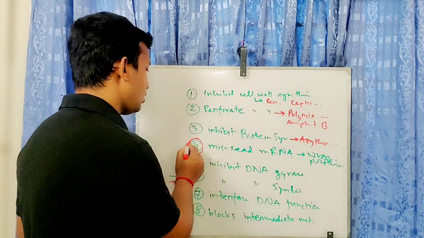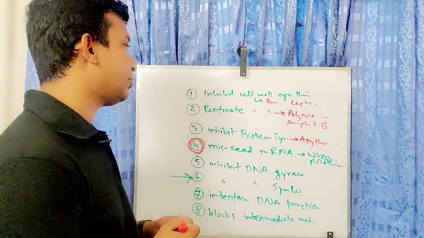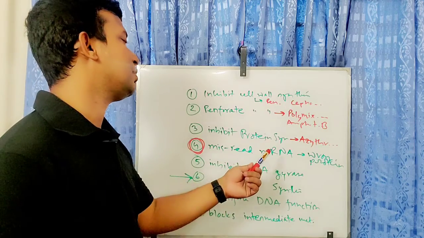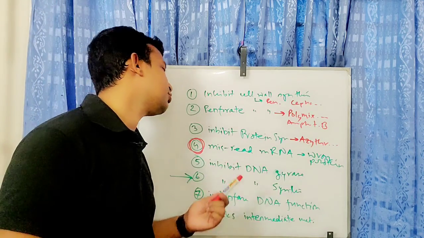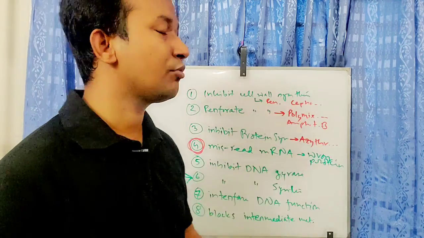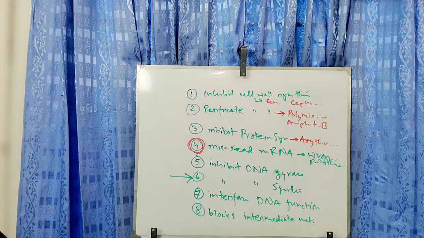The concept is that the ribosome will read the mRNA but they will produce the wrong protein. So it means that they read RNA but wrongly read. So misread mRNA, so that the wrong protein synthesis happens. So this class includes which antibiotic?